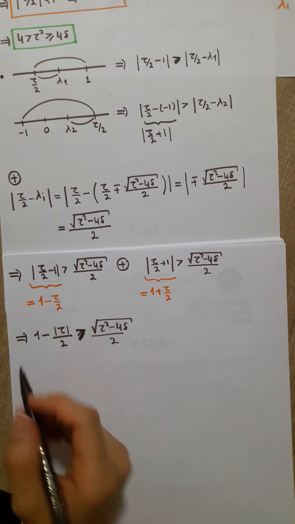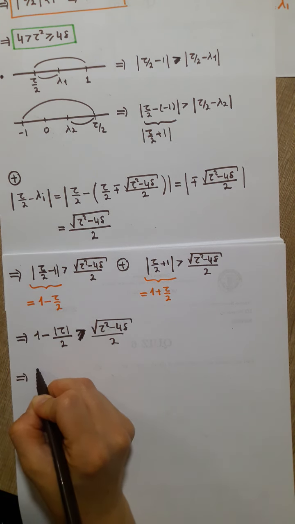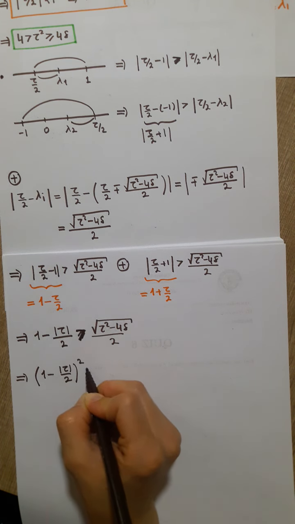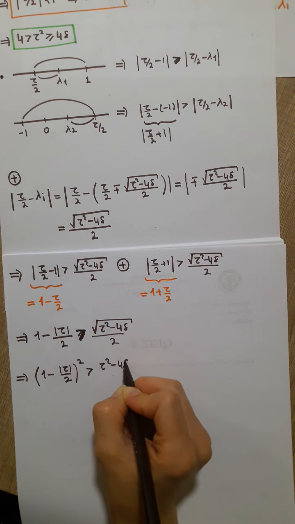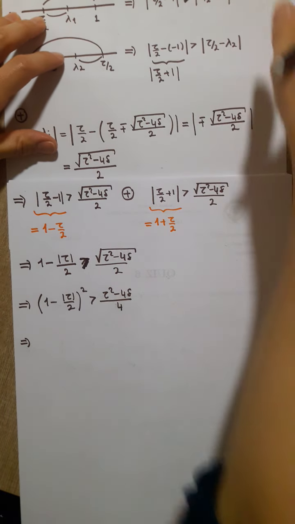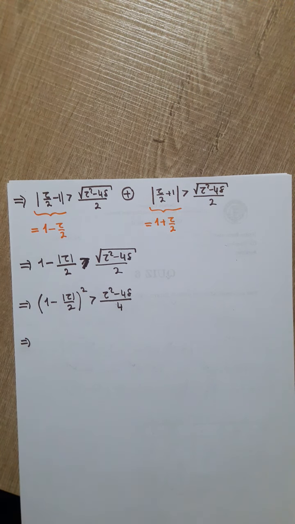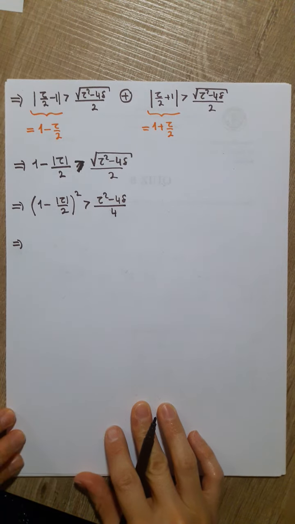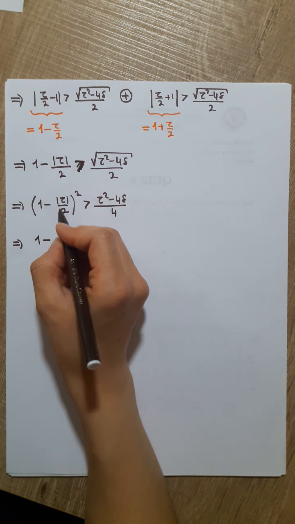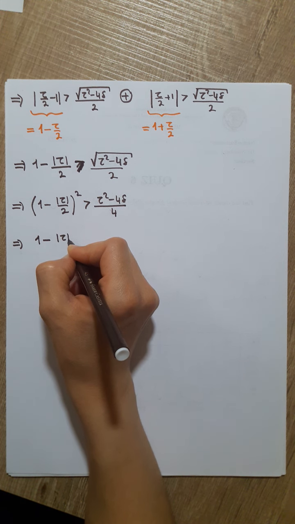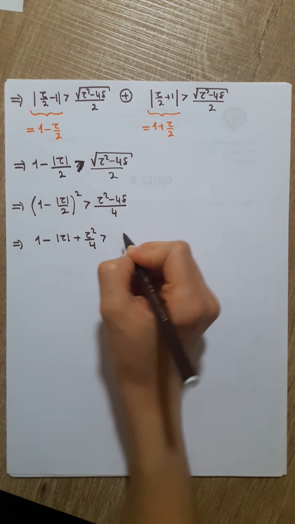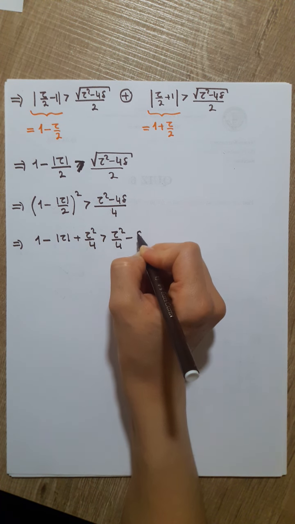Now I want to take the square of each side. So what we have here, the square of this side is 1 minus 2 times this term, which is the absolute value of tau, plus the square of this side, tau squared over 4, greater than tau squared over 4 minus delta.